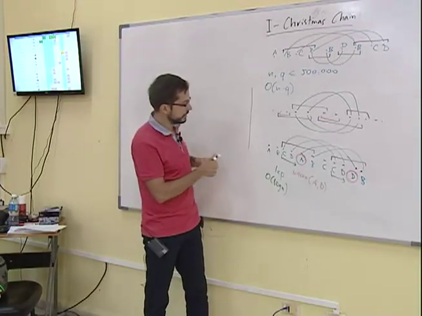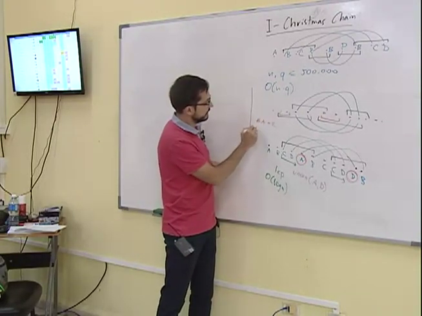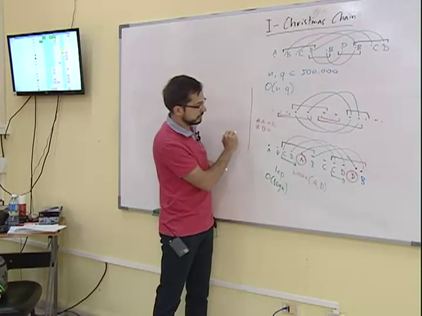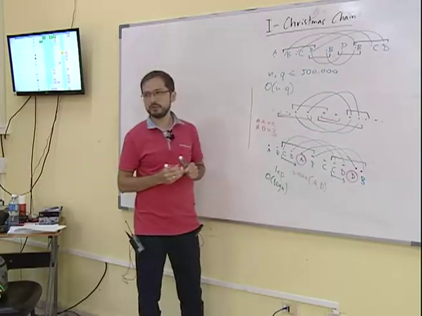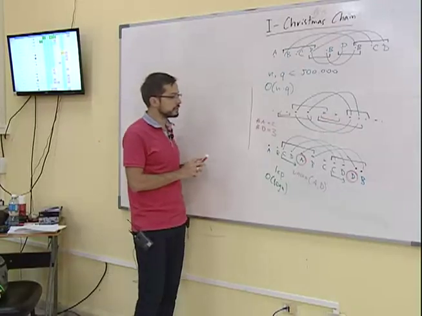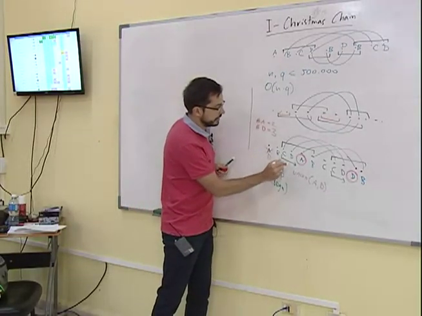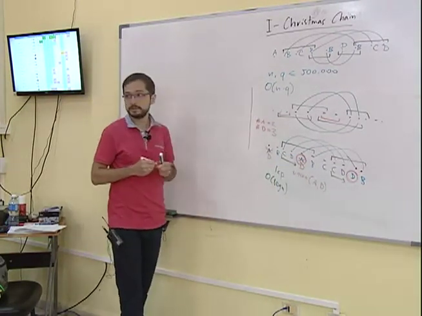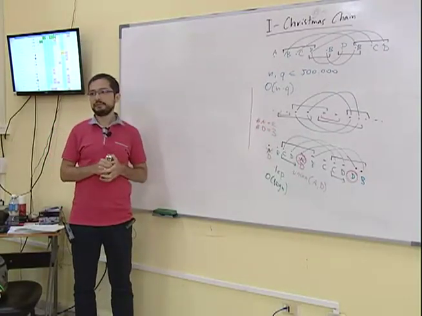So we can calculate that the number of A's is 2 and the number of D's is, if I'm not mistaken, 3. So it's better to change A's because there are fewer of them. So we will change every A to D. This will become D, and this one will also become D.